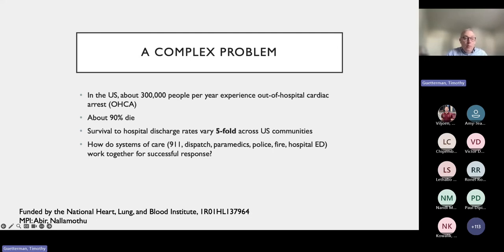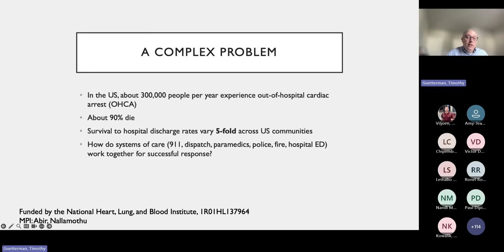And that means that if where I'm at right now in Ann Arbor, Michigan, if I'm in another community, I might have 5 times less chances of survival, for instance.